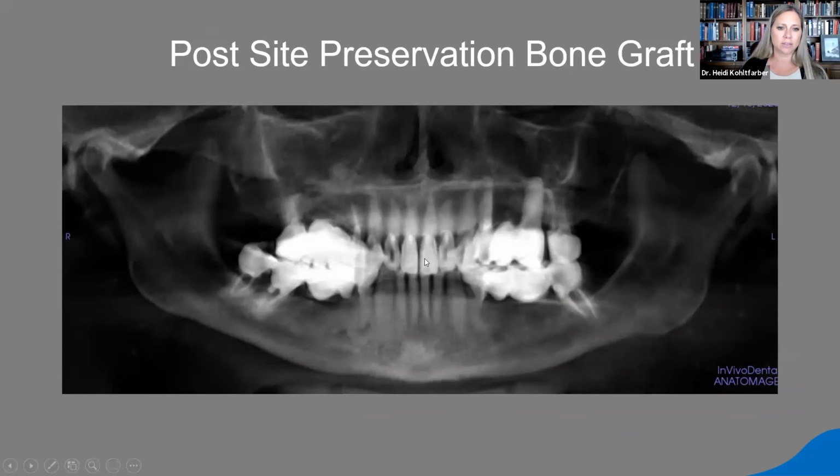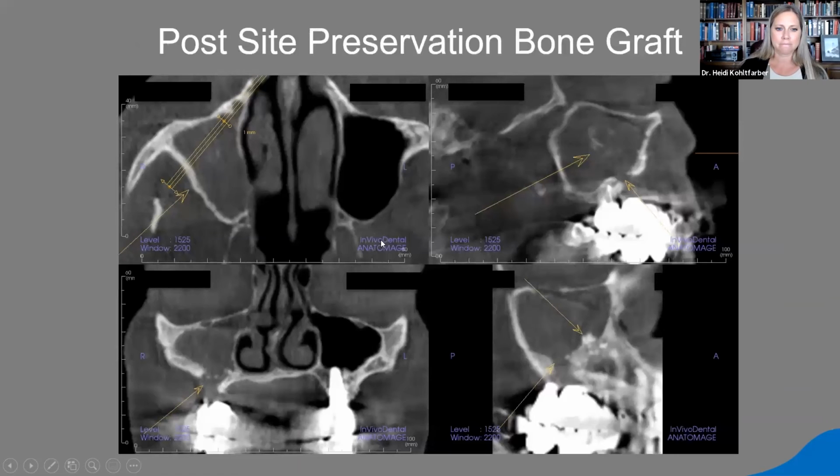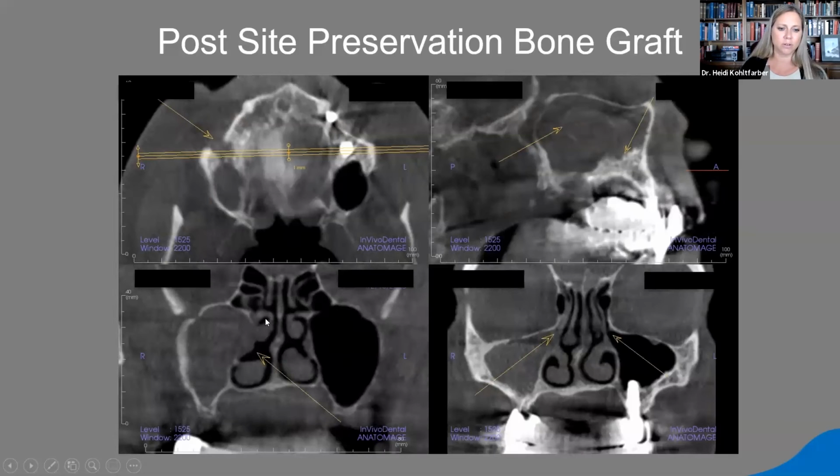Here's another case. We have a site preservation bone graft going on. We get into it expecting that it's integrated well enough for us to place the implant. Again, we have a large bony defect, mucosal thickening that is iatrogenic in origin. Some of our bone graft material is floating within that mucosal thickening. And as we go through, what's happening to the sinus here?